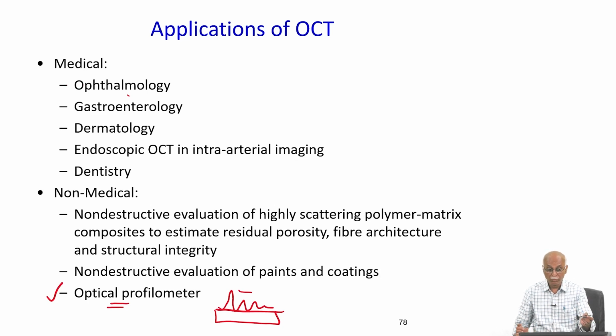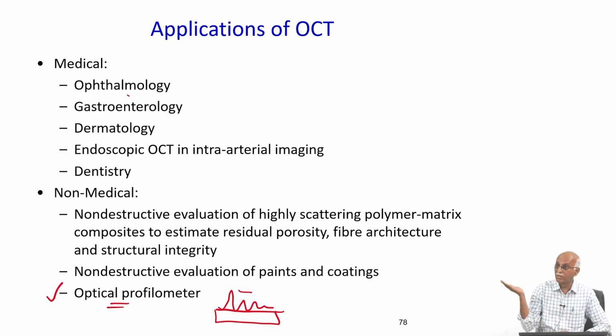Now, we did not imagine in 2005-6 that the OCT, of course, people had started realizing that OCT is going to, but the cost of that OCT system was very high. It was very difficult to imagine that it will become what it is now.